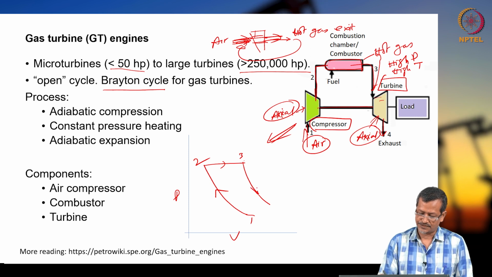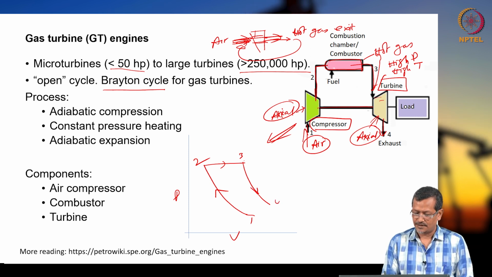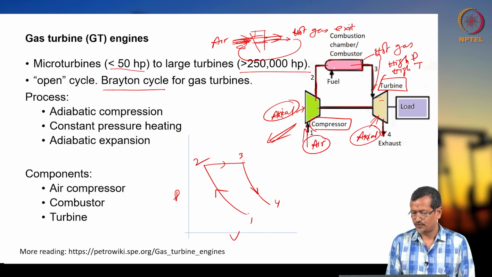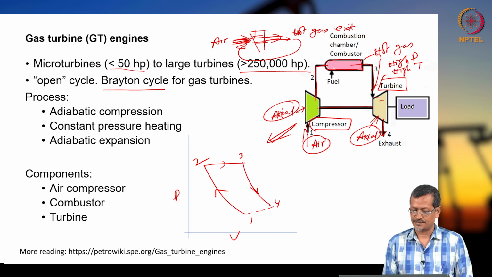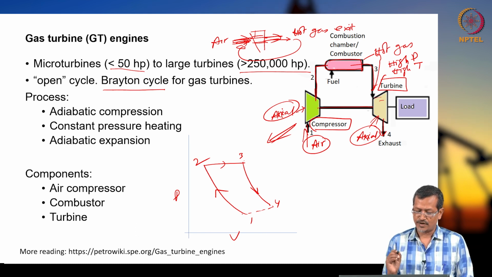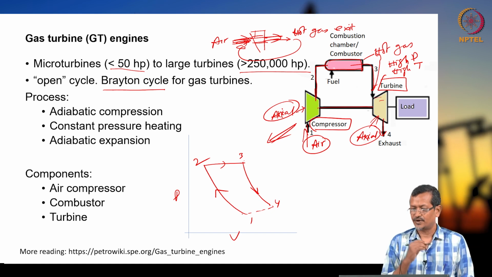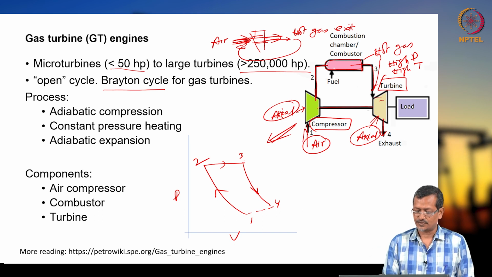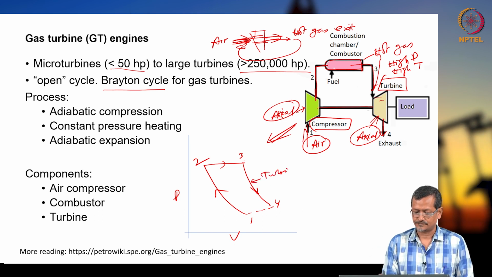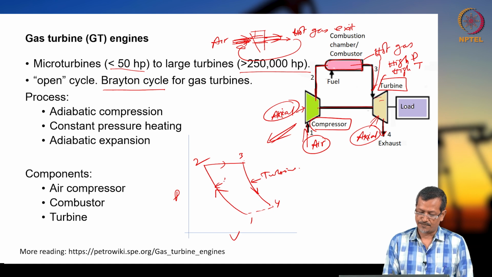So not this direction, this will be the right direction, 3 to 4. And after 4 to 1, normally we do not show any line because the same air is not entering again. So the cycle is: 1 to 2 is compression, you take air and compress it, put it in the combustion chamber separately, then the high temperature and high pressure gas you pass through the turbine. So, this is the turbine, and this is the compressor.